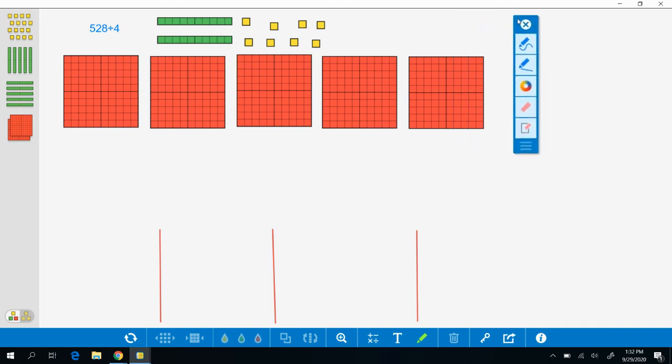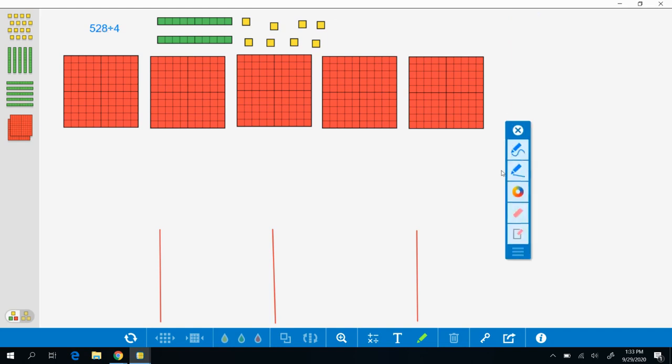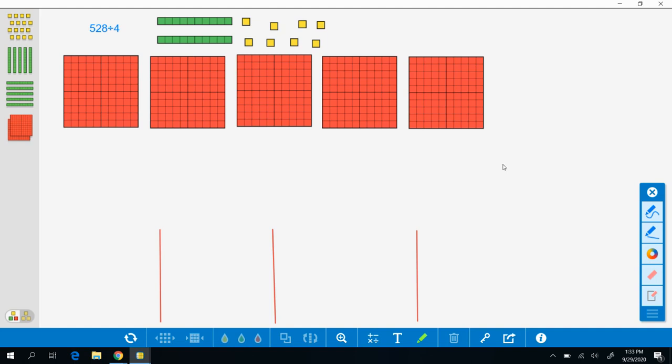Now this time, how many place values are there in our dividend? 528. 1, 2, 3. We have hundreds, tens, and ones. So my organizer for the explicit trade division needs to have 3 sections. There's a place for my hundreds, a place for my tens, and then a place for my ones.